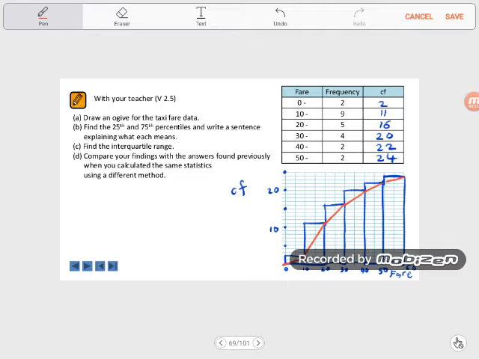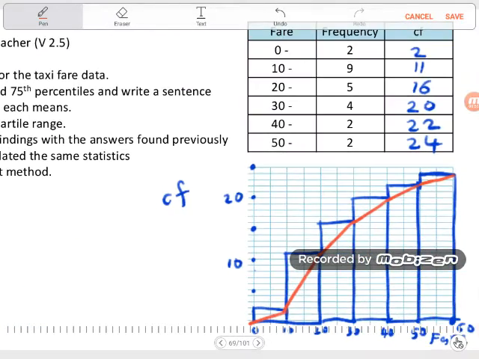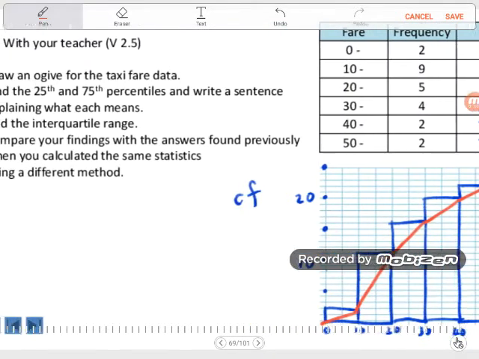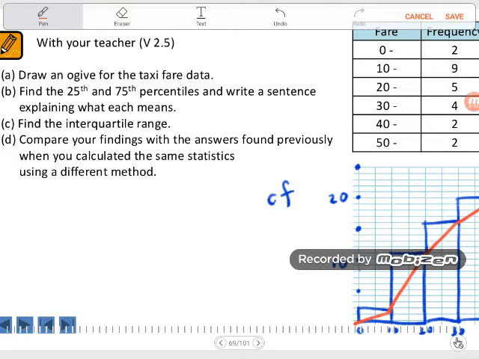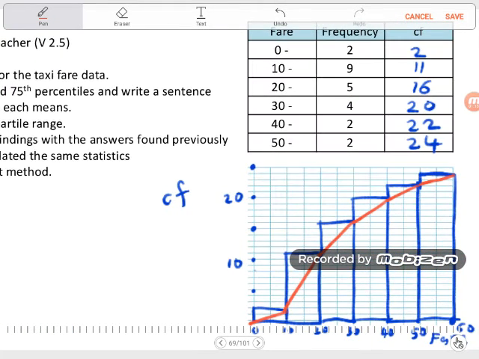Alright, so here's our Ogive now, and we're asked in this example about the 25th and 75th percentiles. Let's have a look at how we get those.